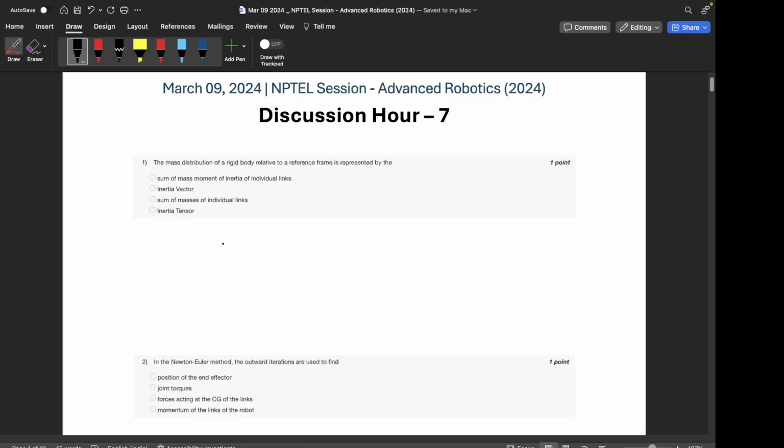The first question says the mass distribution of a rigid body relative to a reference frame is represented by the, and the correct answer is the inertia tensor. The inertia tensor is a 3 cross 3 tensor that is generally expressed in this form.